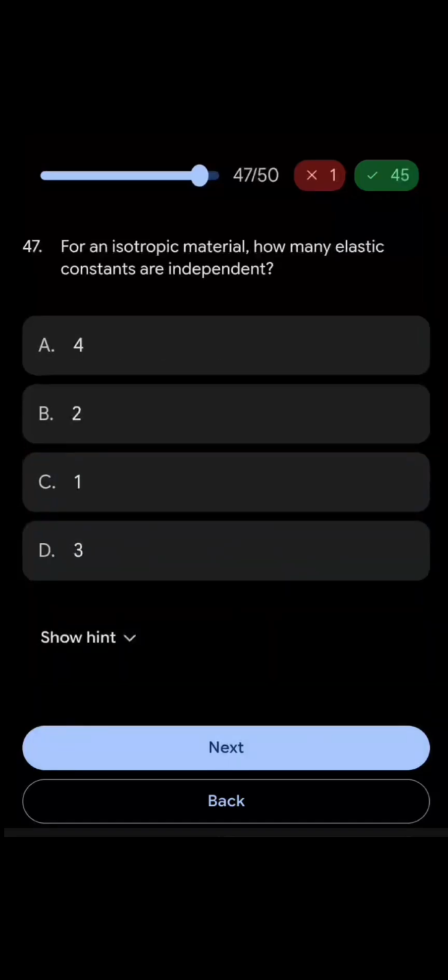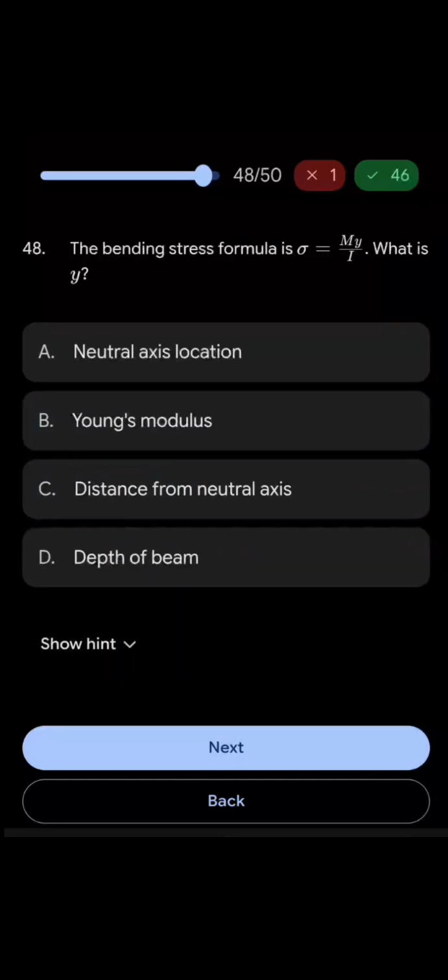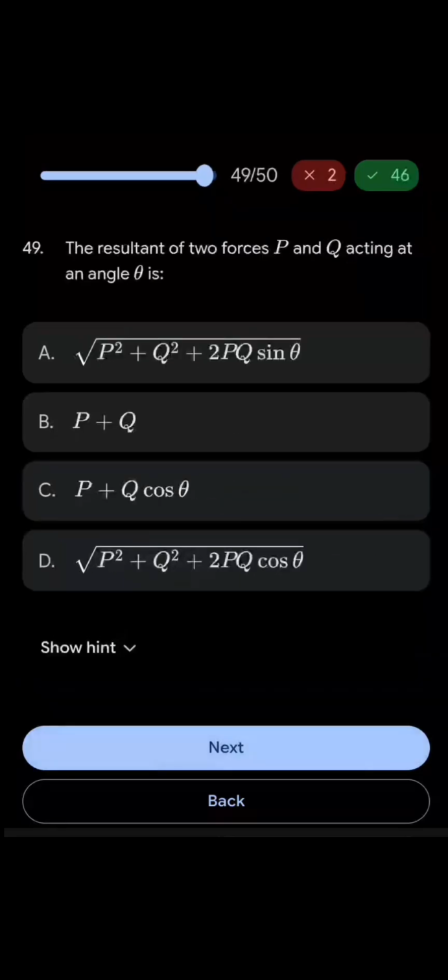Strain. For an isotropic material, how many elastic constants are independent? 2. The bending stress formula is sigma equal to My by I, where y is the depth of the beam.